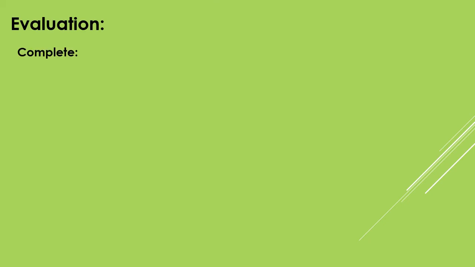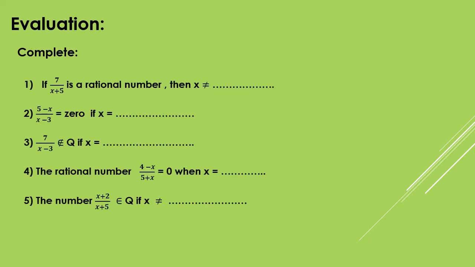Another evaluation. Complete. If 7 over x plus 5 is a rational number, then x not equal to negative 5. Yes. Number 2, 5 minus x over x minus 3 equals 0 if x equals 0. Look at the numerator. x equals 5.